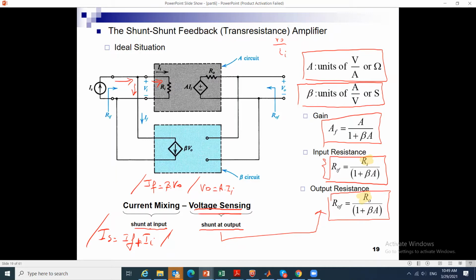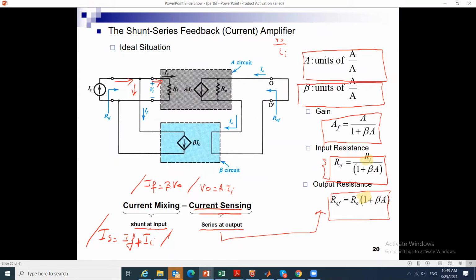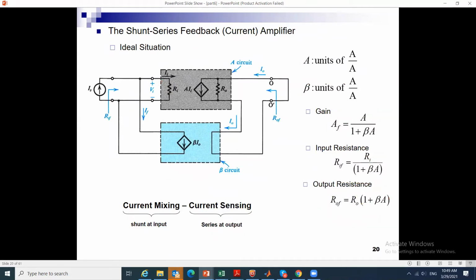Okay, so the last configuration that we look at is the shunt series configuration. And the shunt series feedback is a current amplifier. So the quantities that I am dealing with, I have a current at the input and I have a current at the output. And so my current signal is going to feed an A block, which is a current amplifier.